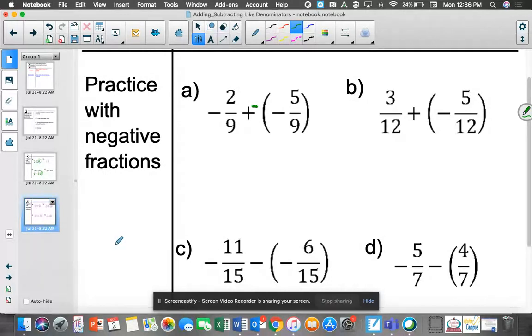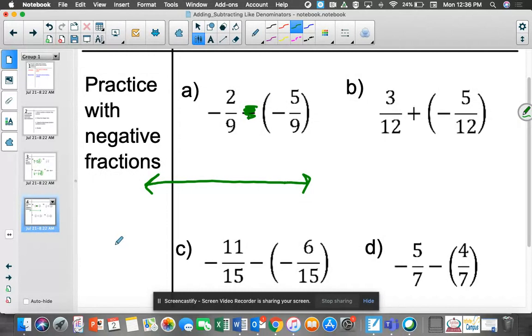We see that it's a -2/9 plus a -5/9. So essentially, we cross that plus out, and we're just subtracting 5/9 from 2/9. So we take -2 minus 5. And you might have to use a number line for this. I like using number lines because I can then see it.